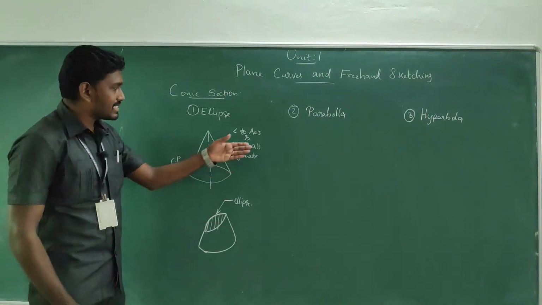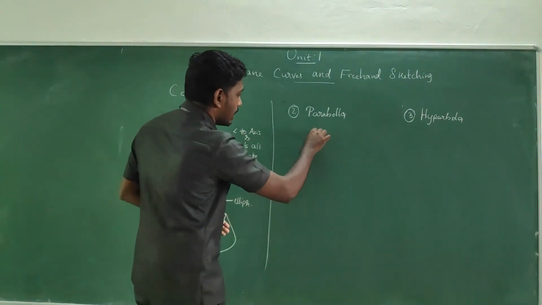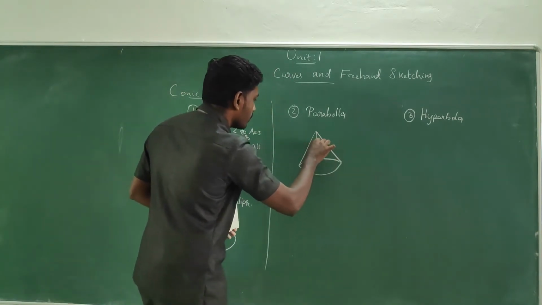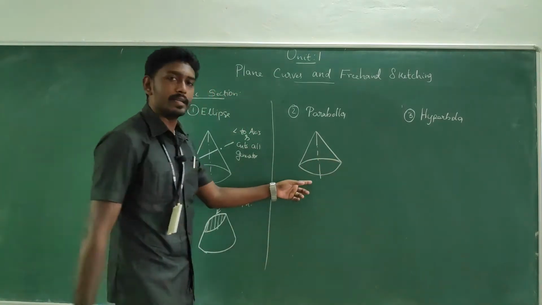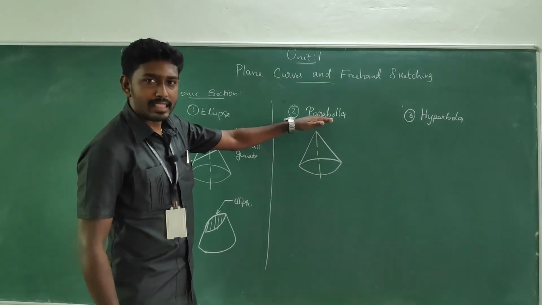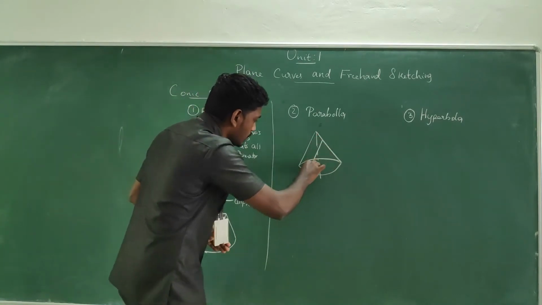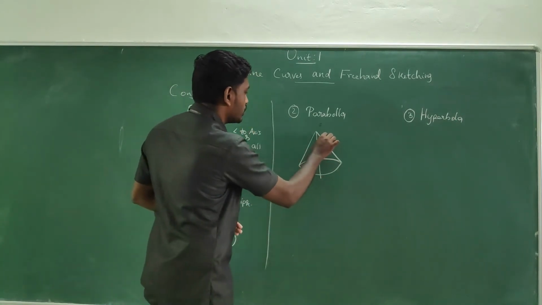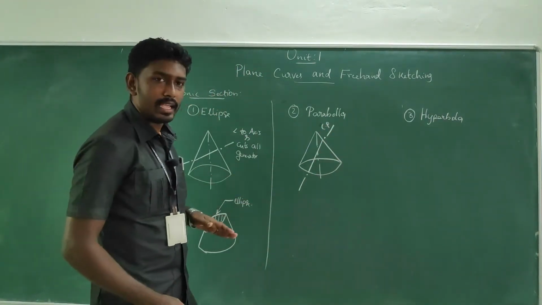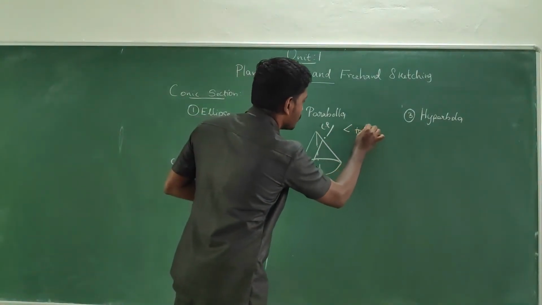In the same fashion, for parabola, if you take the right circular cone, it is with the axis at the center, and in the formation of parabola, the cutting plane position is as this. That means I can say the cutting plane is just like this, inclined to the axis.